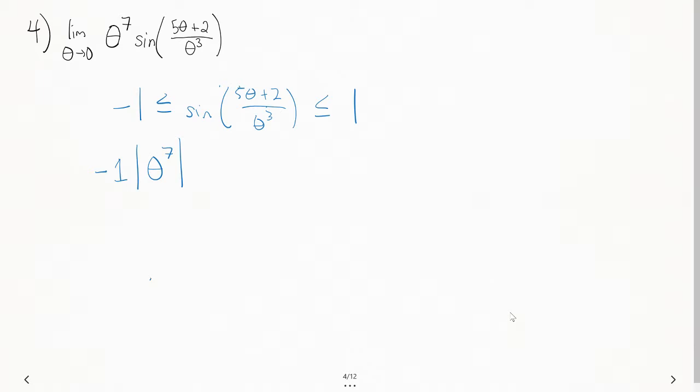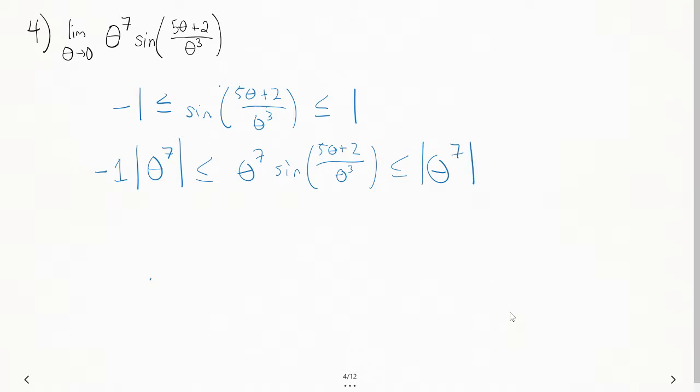So -1 times the absolute value of theta to the 7th is less than or equal to theta to the 7th times sine of 5 theta plus 2 over theta cubed. And that's less than or equal to the absolute value of theta to the 7th.